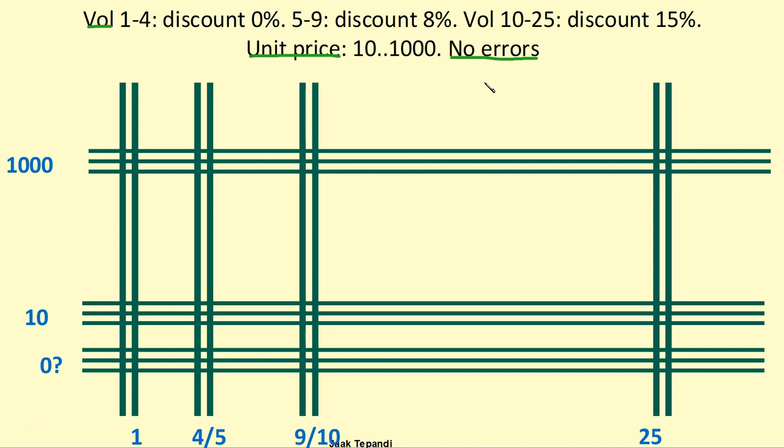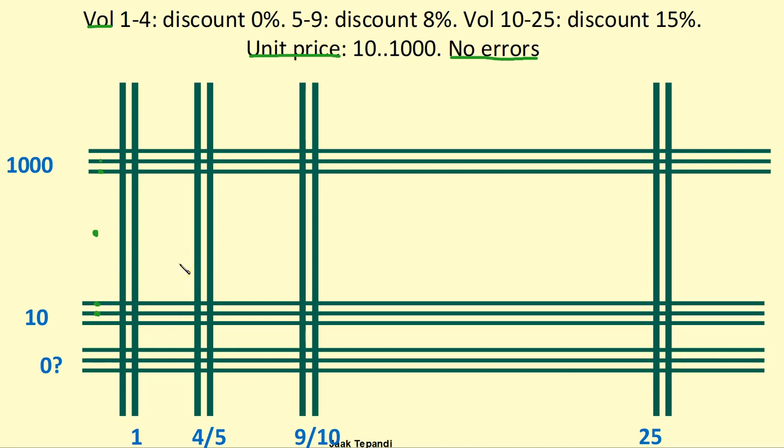Now, what are the equivalence classes and boundary values in this case? For the unit prices on the y-axis here, we have the equivalence class between 10 and 1000. So somewhere here we should take our value. We have boundary values 1000, 999, 11, and 10.